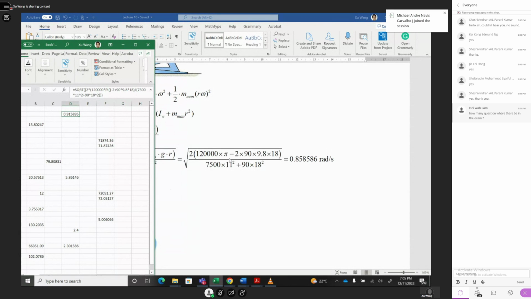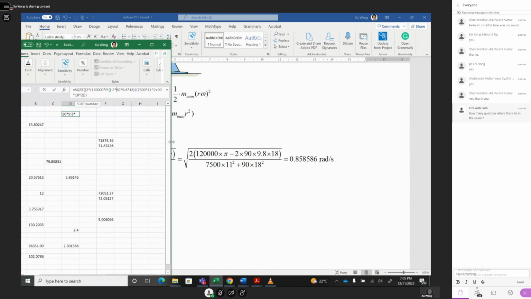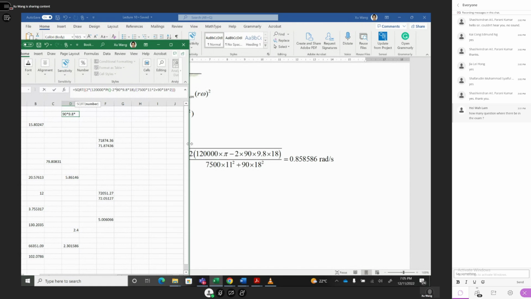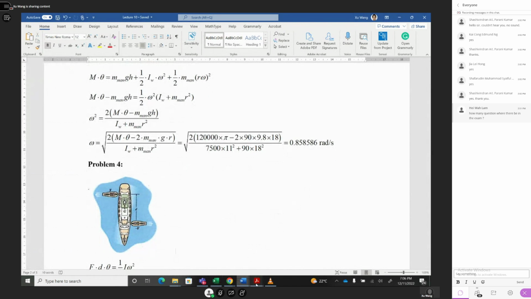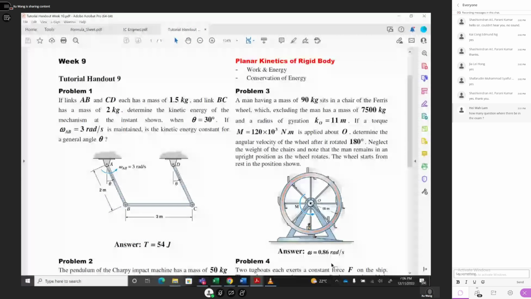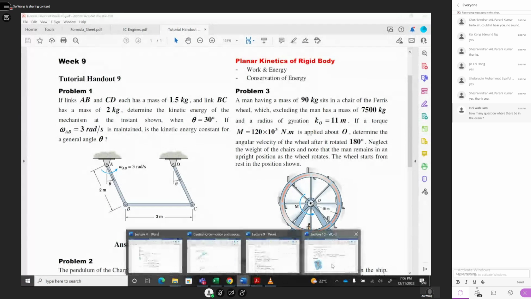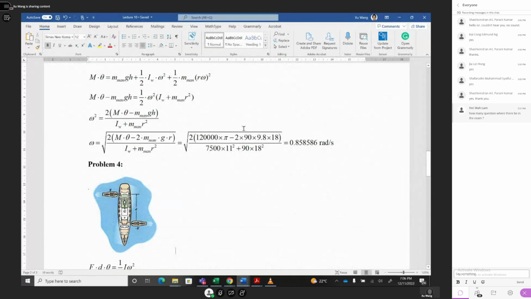Minus 2, sorry, this is a plus, it's not right. 2 multiplied by 99.818, brackets, divided by this one, 7500 multiplied by 11 squared plus 90 times 18. Okay, that should be all right. And this is 0.858. So what answer does he get? He gets 0.86. So we get 0.858, 0.86, exactly the same.